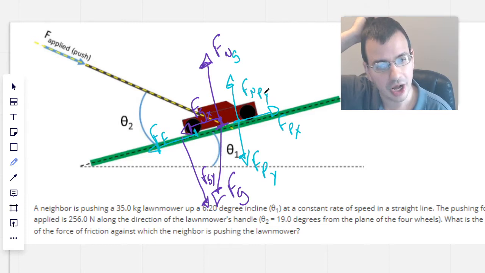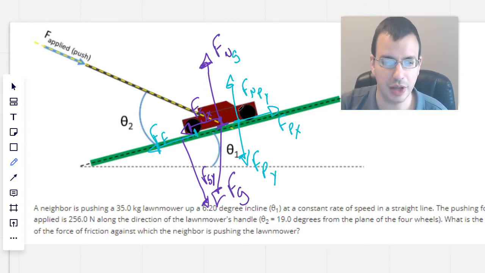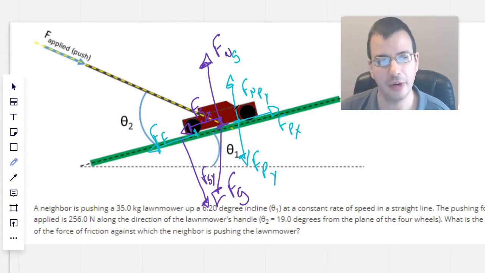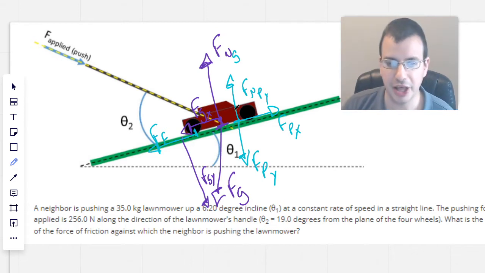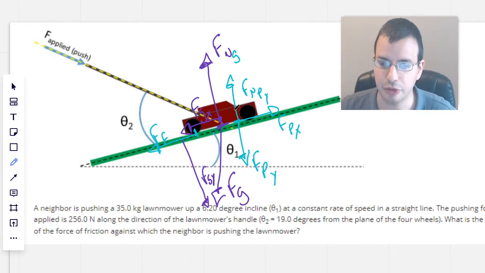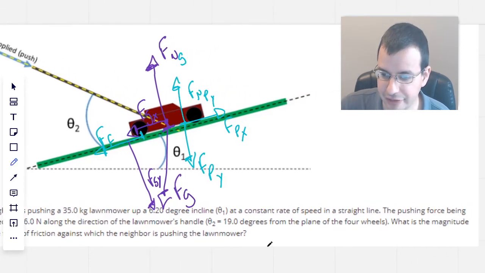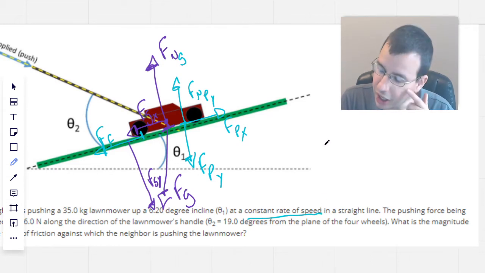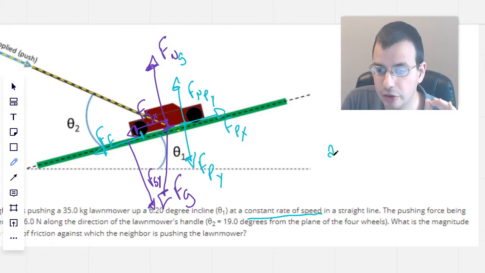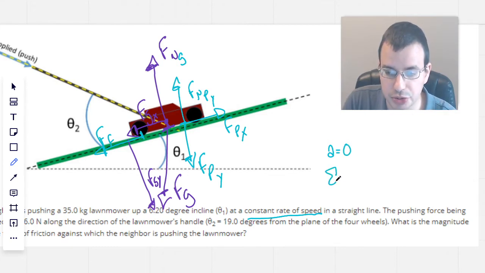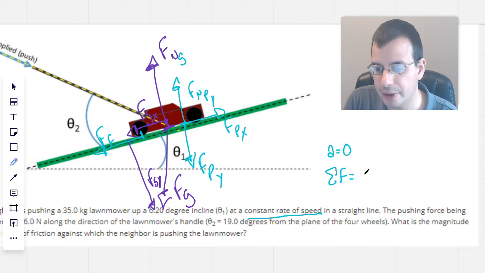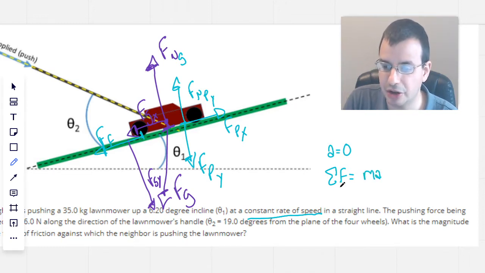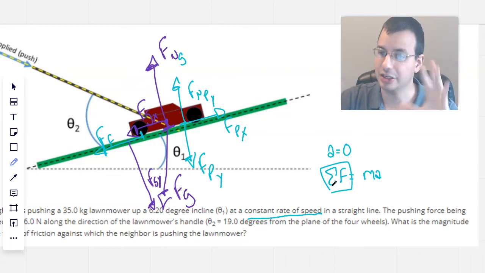The concept I'm trying to get across is we have gravity pulling it down, a force pushing it forward, and friction holding it back, resisting motion. Since we're told we have constant speed, the acceleration equals 0, which means the sum of all forces, which is mass times acceleration, cancel each other out.